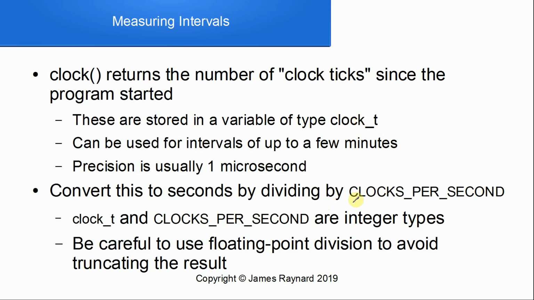So if we divide a clock_t by clocks per second, that'll give us the interval rounded down to the nearest second. If we want to have the decimal points, we need to use floating point division, so we need to cast clocks per second to a floating point type.